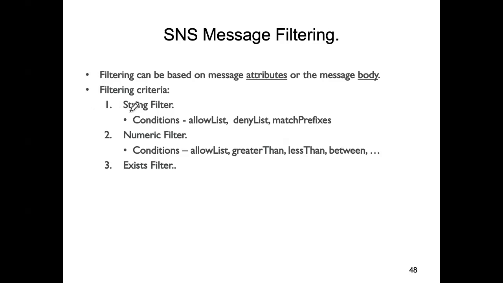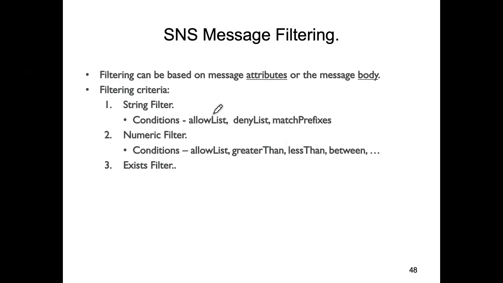There is string filtering. You would use string filtering, obviously, if an attribute's value was a string or a body property value was a string. And for string filtering, you can either specify a list of values that are allowed for that string attribute or body property.